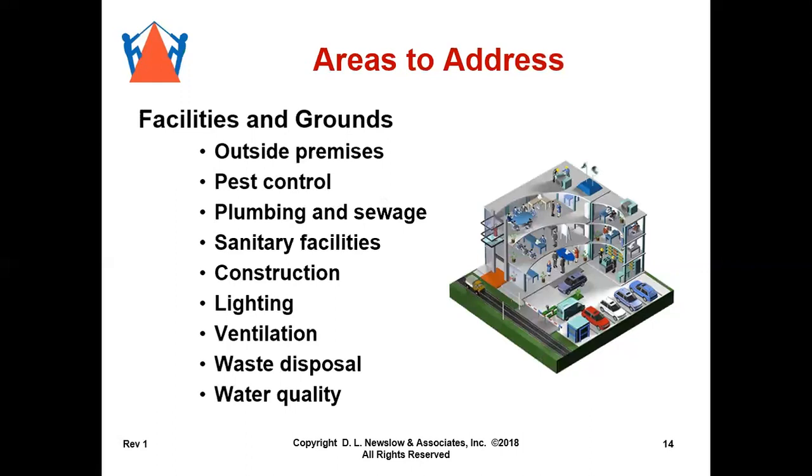It's very common to see a dumpster right open and exposed and overflowing right near the receiving area where you might be receiving a dry ingredient. That definitely could contribute to cross contamination. Also, water quality. Source of water. Could water be cross contaminated? And things like that.